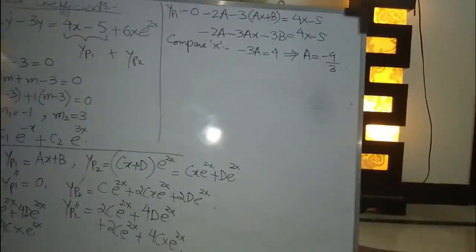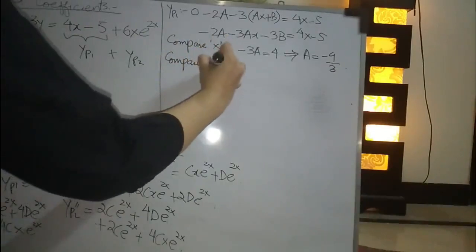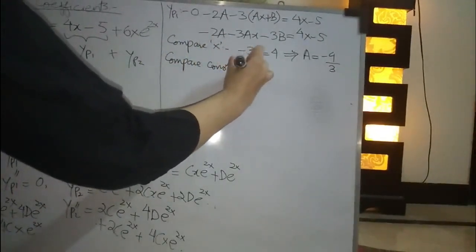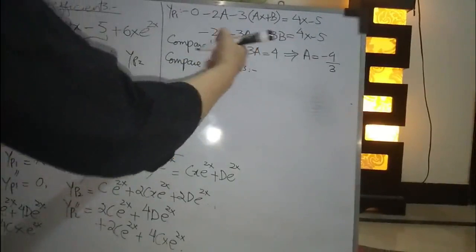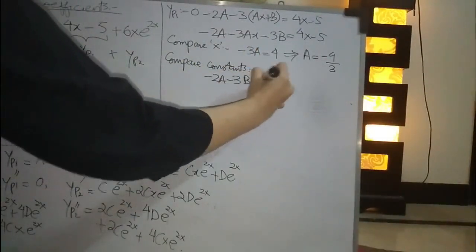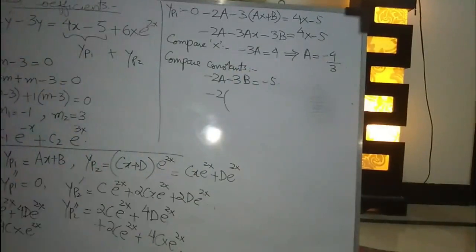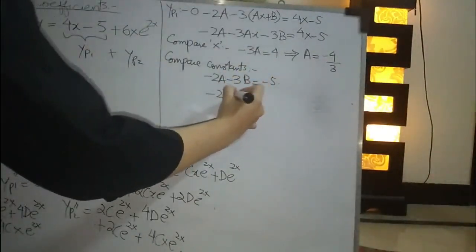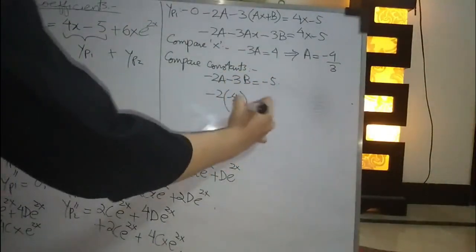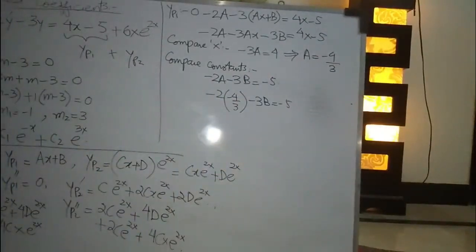Also compare the constants: minus 2a minus 3b equals minus 5. Replacing the value of a, minus 2 into minus 4 by 3 gives plus 8 by 3, minus 3b equals minus 5.